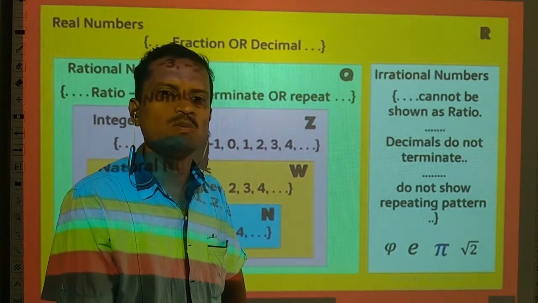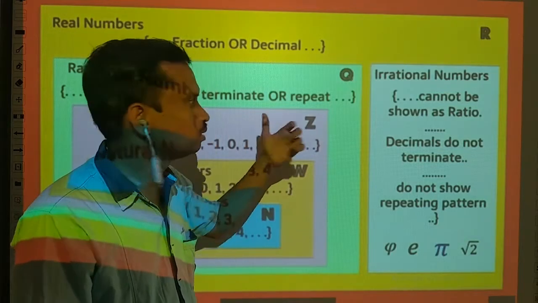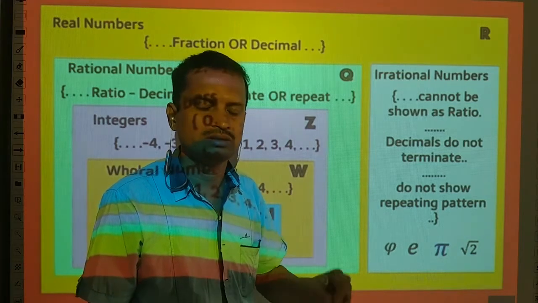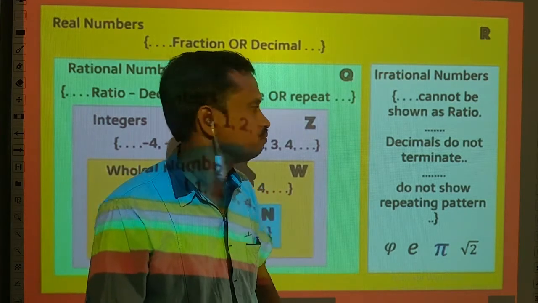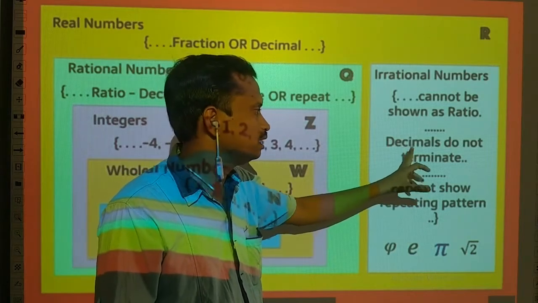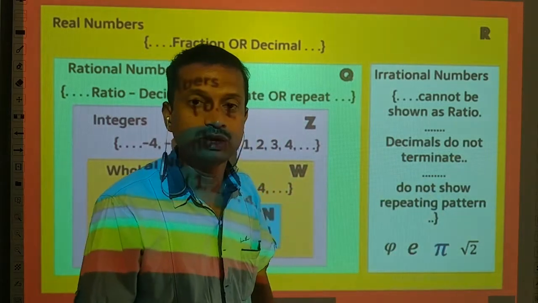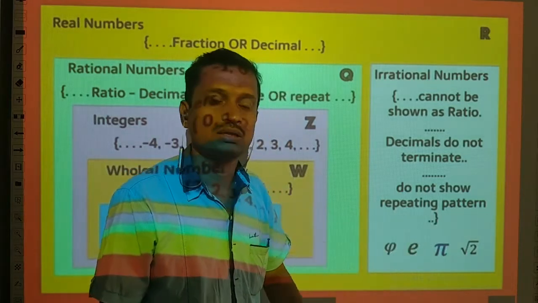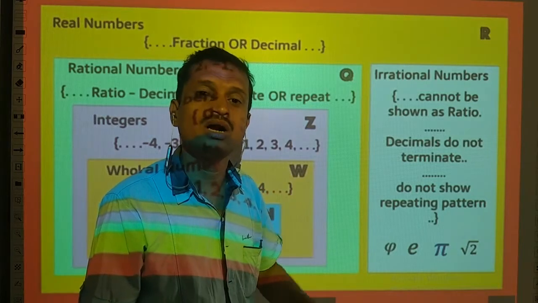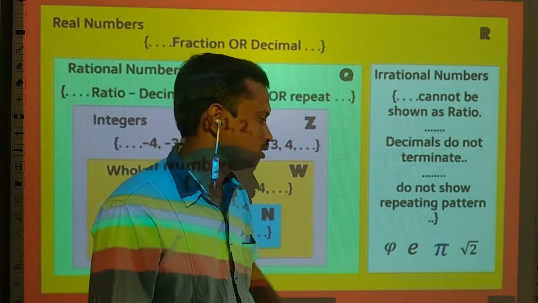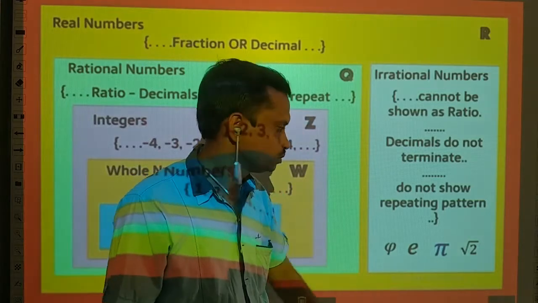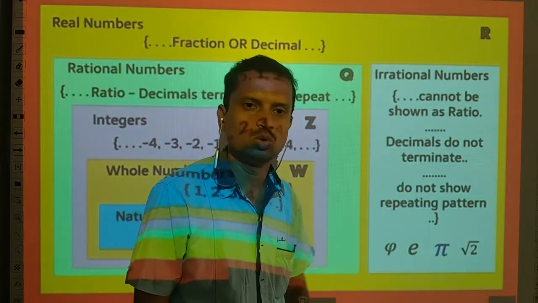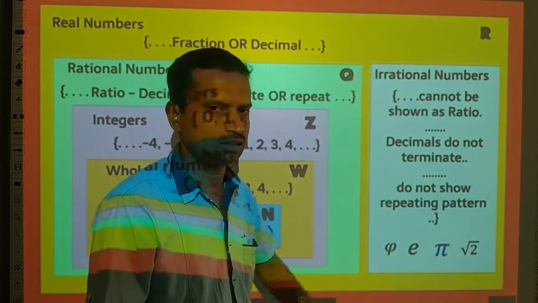But irrational numbers we cannot write as 2/3, or generally P/Q. In decimal, they do not terminate and do not show a repeating pattern. That means non-terminating and non-repeating numbers are irrational. Examples are pi, root 2, e. These are used in higher classes.